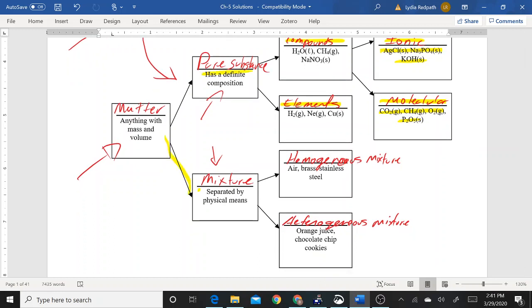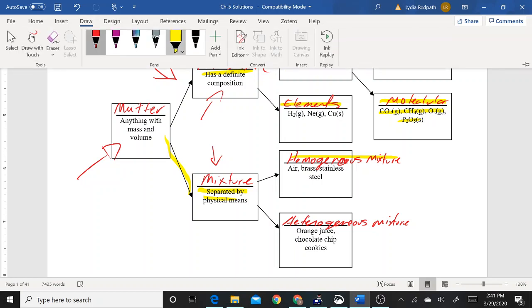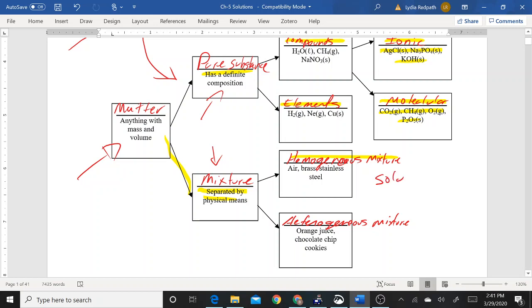Matter, if we follow along, can also be talked about in terms of mixtures. So we've got homogeneous mixtures: air, brass, stainless steel, et cetera. These are also known as solutions, which is the title of this unit.